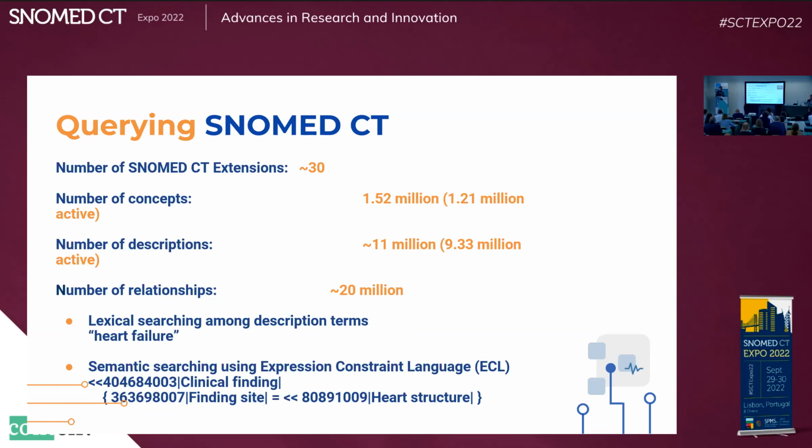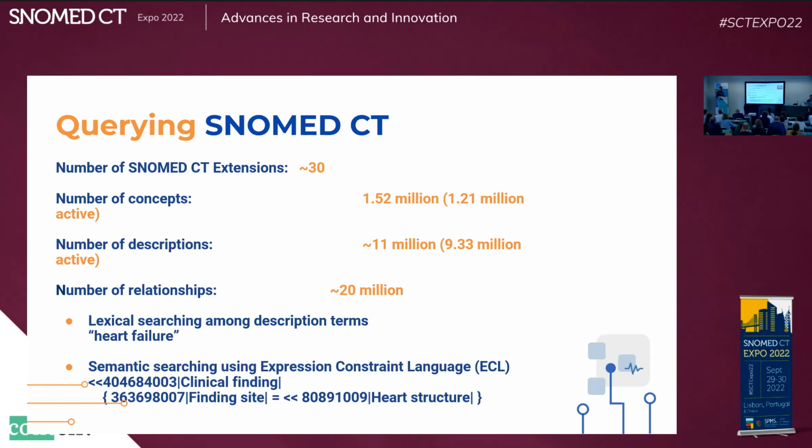You can query them in a way where, for example, searching for heart failure returns concepts that have descriptions with the word either heart or failure, or you can use the expression constraint language to have some sort of structurally semantic search in SNOMED CT.